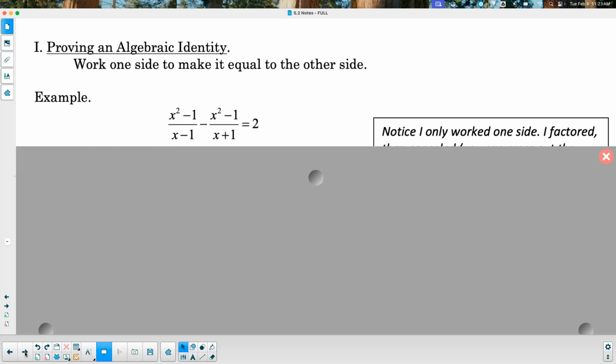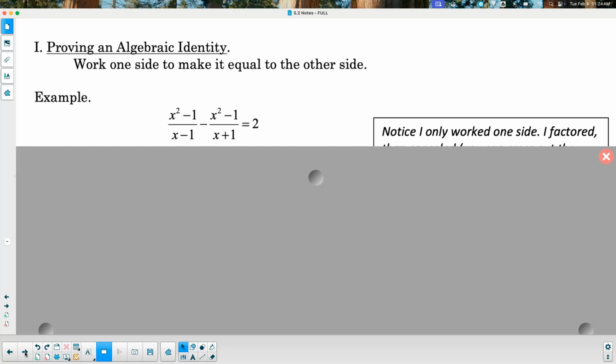If I wanted to prove an algebraic identity like x squared minus 1 divided by x minus 1 minus x squared minus 1 divided by x plus 1, all of that equaling 2, and I wanted to prove that the left side truly does equal the right side, what I need to do is work one of the sides until it becomes the other side.